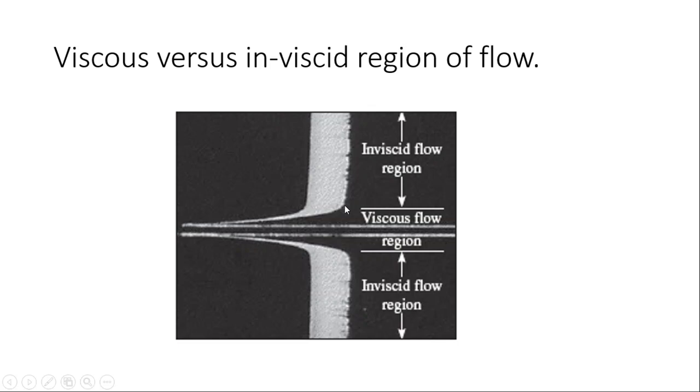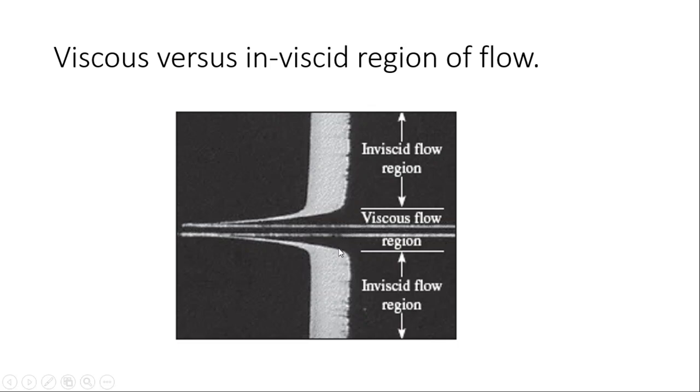In these parts, from this boundary layer to this layer, the velocity gradient is much higher, and above this part there is not a very great gradient, and almost all the layers have the same velocity, so this can be categorized as the inviscid flow region, and this part as the viscous flow region.